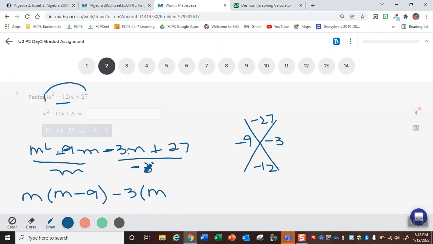And then 27 divided by negative 3 is negative 9. And so now this is my common factor, m minus 9. And when I divide that out, I get m minus 3 as my other factor.